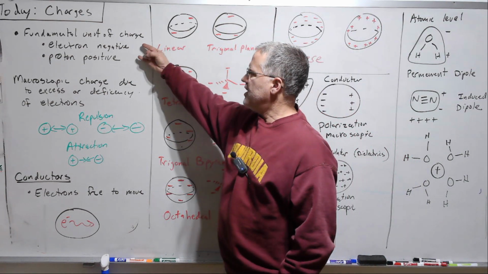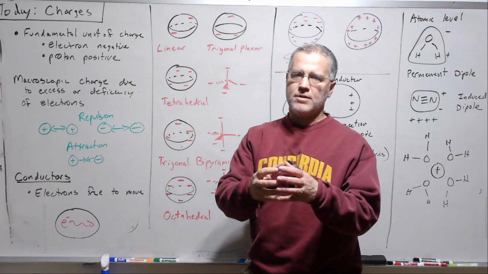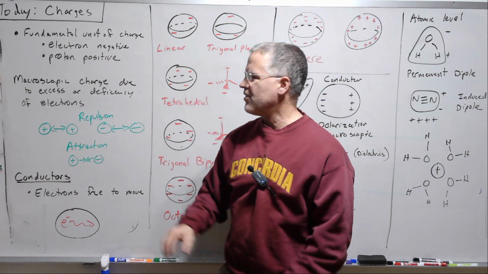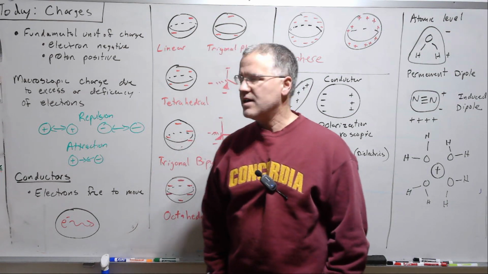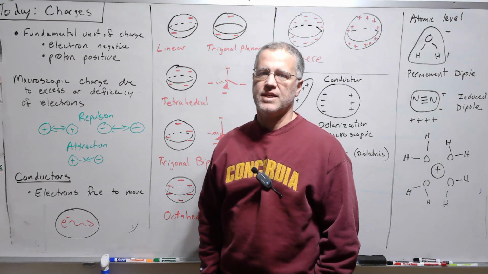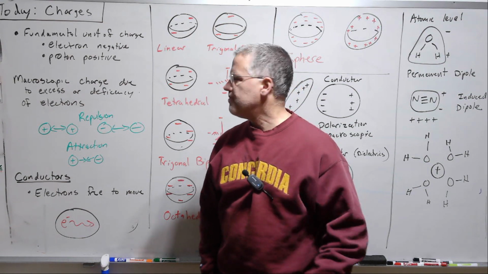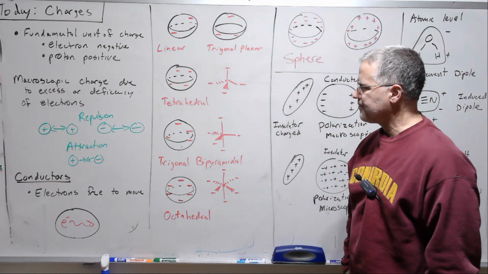So there are these discrete units of charge, but when we're talking about a macroscopic object, like rubbing a balloon on your head and sticking it to the wall, we can essentially talk about charge as being a continuous quantity because the unit of charge is so small on the macroscopic scale.